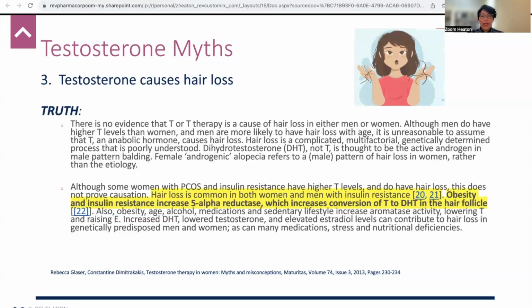And it's actually DHT that can cause more of that potential hair loss. But again, increased DHT, lower testosterone, and elevated estradiol levels can contribute to hair loss in any genetically predisposed men and women. And medications can do it. Stress, nutritional deficiencies, all can create this. So it's not necessarily testosterone.